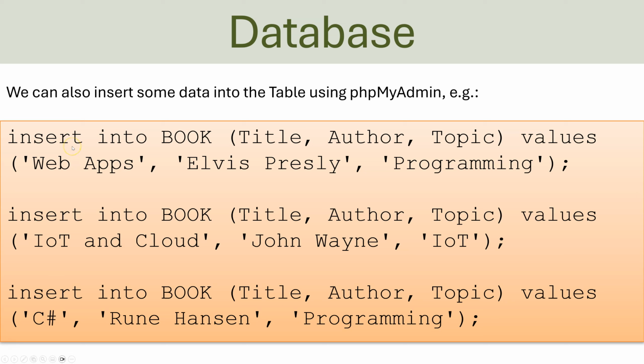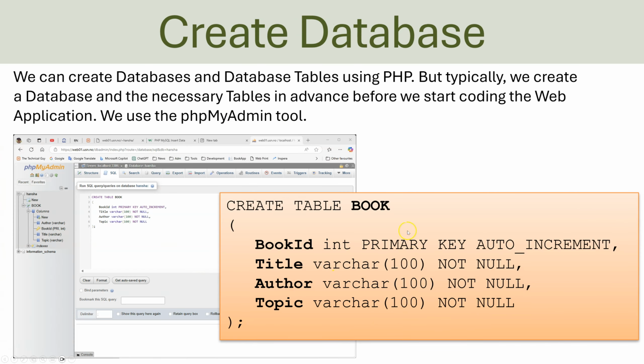So we will just put in some dummy books into the book table, and then we use ordinary SQL queries like this: insert into book, title, author, topic, and values, and some name for the title, a name for the author, and a name for the topic, like this. So this script here will insert 1, 2, 3 different books in this book table.